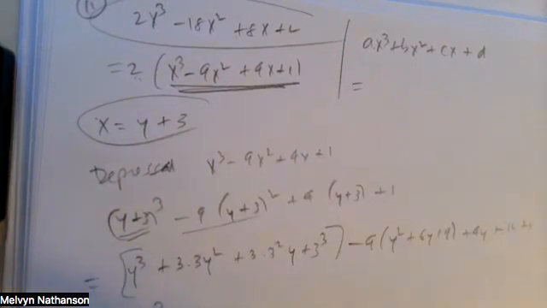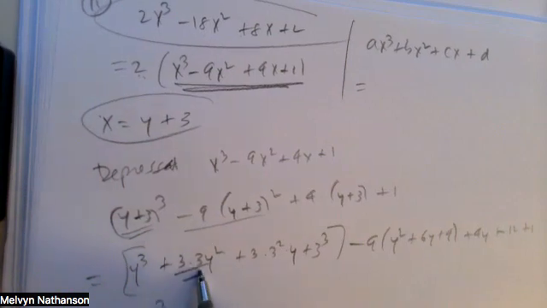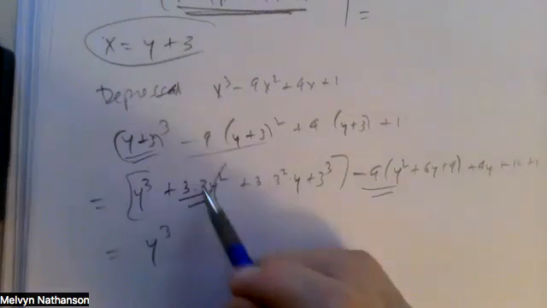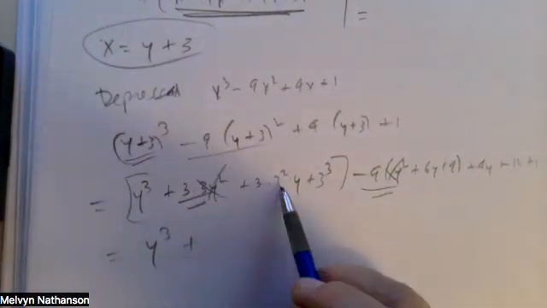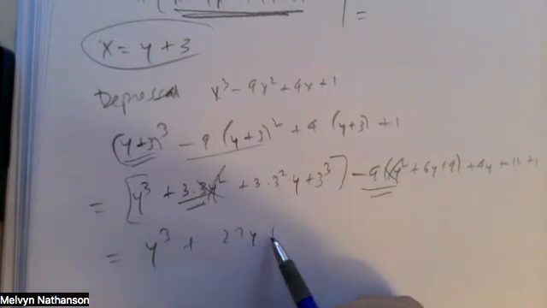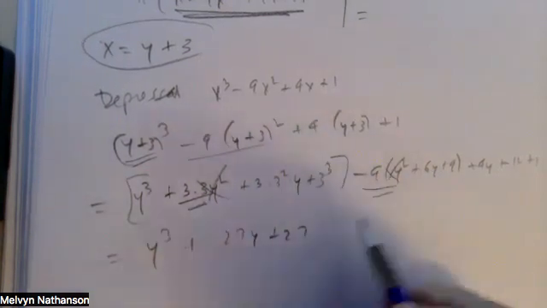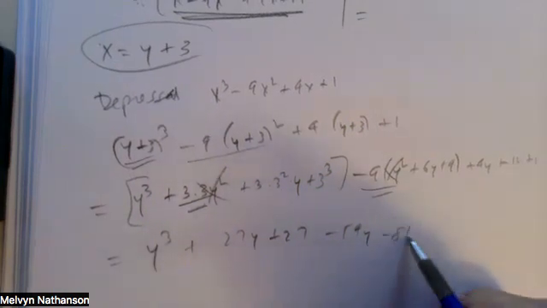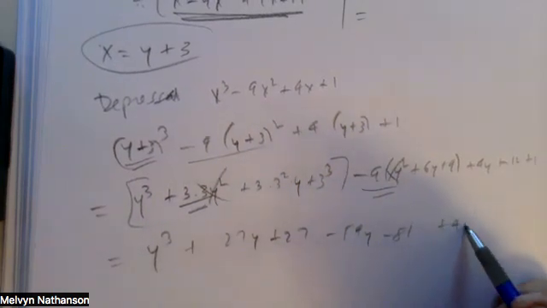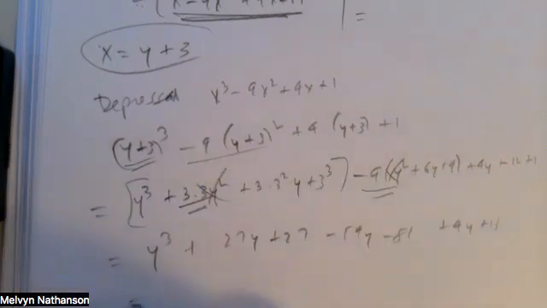So here I have y cubed. Here I have 9y squared, and here I have minus 9y squared. So they cancel. And then I have 27y plus 27 minus 54y minus 81 plus 4y plus 13.